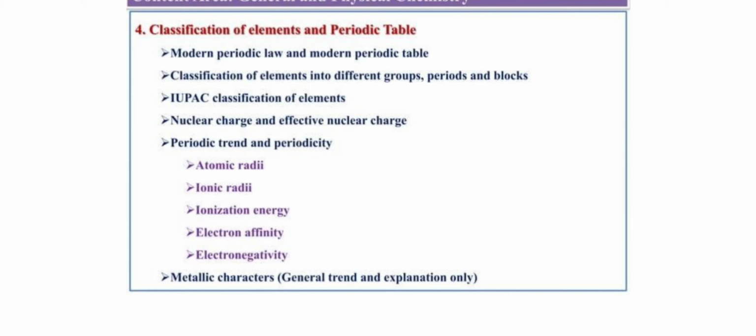Nuclear charge and effective nuclear charge, periodic trend and periodicity. What is meant by periodic trend and periodicity, we are going to discuss in further classes. Now we'll see the atomic radii, ionic radii, ionization energy, electron affinity, electronegativity, and metallic character.